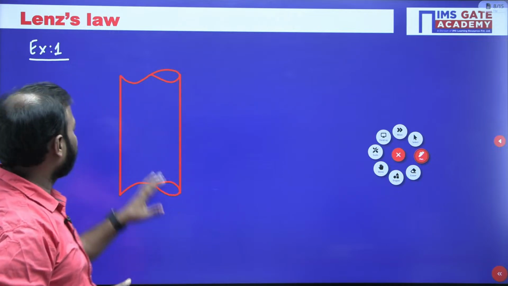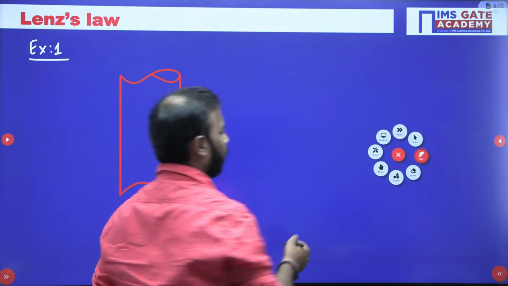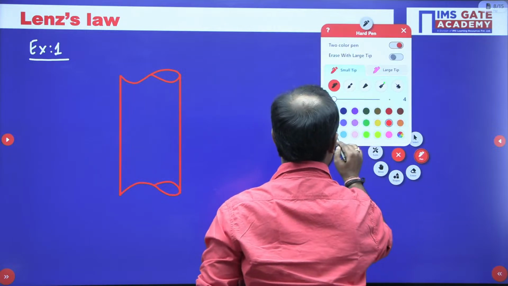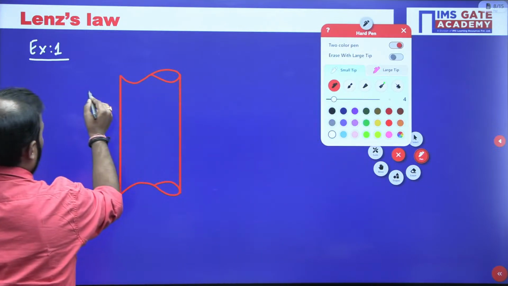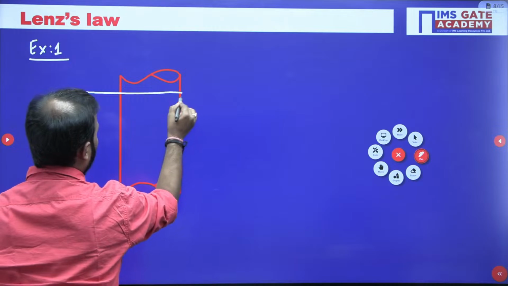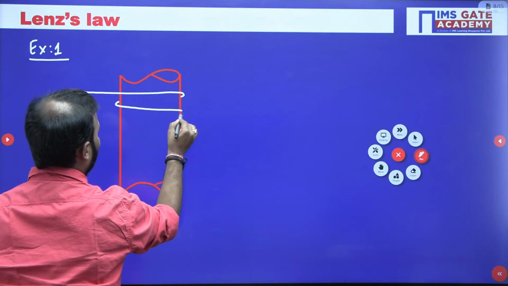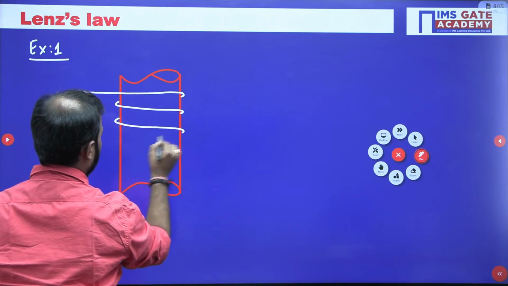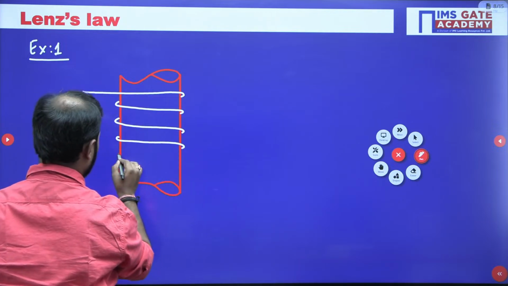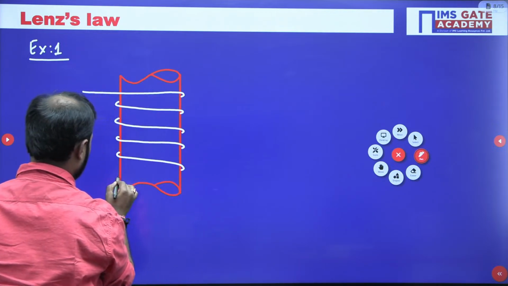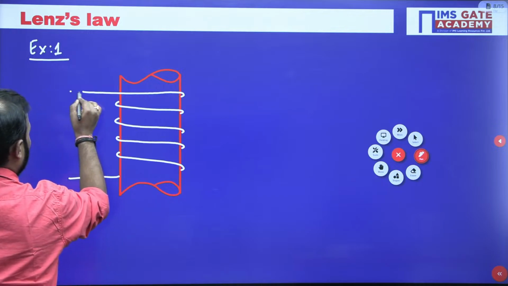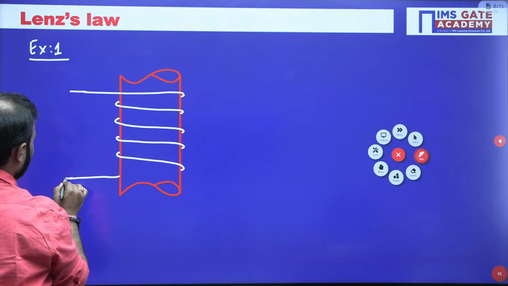Okay, assume that you have one iron frame. In that iron frame, you have n turns wrapped around it. Now please listen to the lecture very carefully.